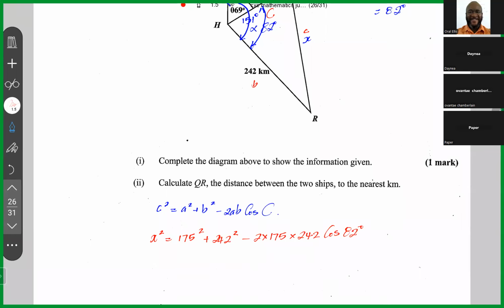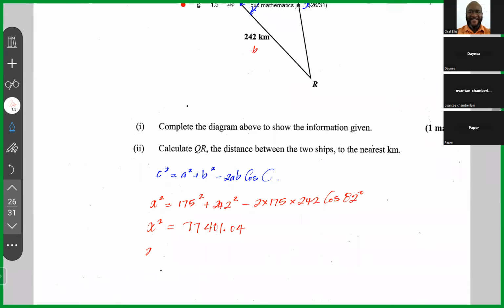If you put that in a calculator, you're going to get x squared is equal to 77,401.04. The opposite of square is square root. So x, which is QR, the distance between the two boats, is equal to 278.2 kilometers.